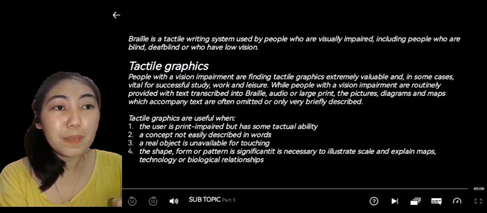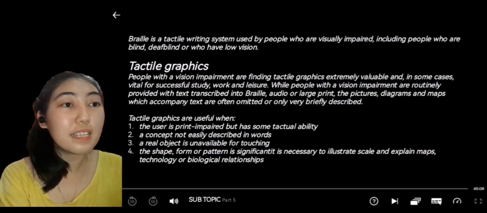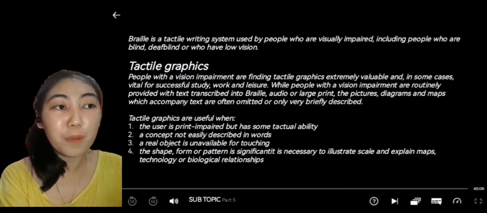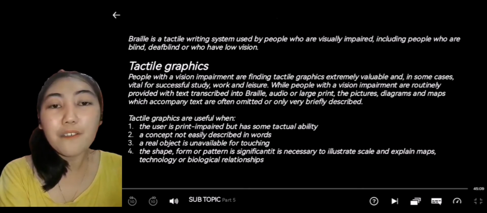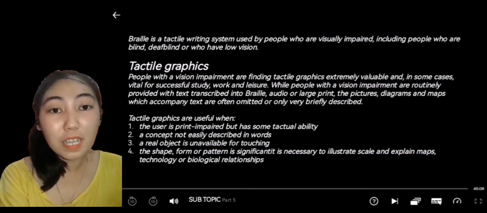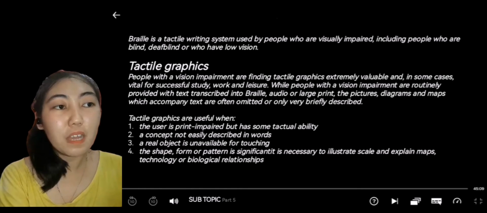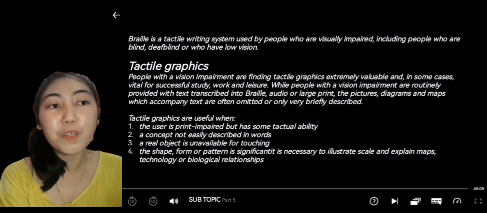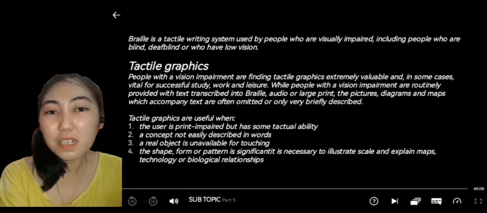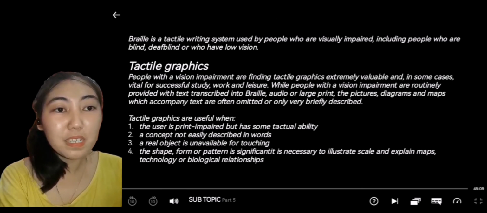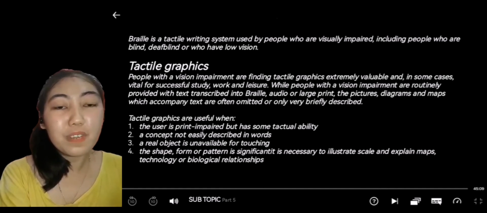People with a vision impairment are finding tactile graphics extremely valuable and in some cases vital for successful study, work, and leisure. While people with a vision impairment are routinely provided with text transcribed into braille, audio, or large print, the pictures, diagrams, and maps which accompany text are often omitted or only briefly described.